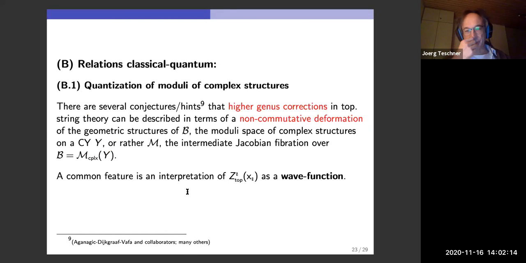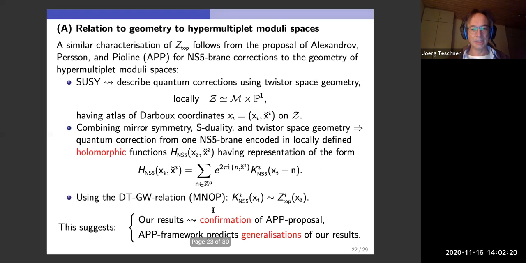Now this is what I want to at least say a little bit about, namely that this has an interpretation as a classical-quantum relation. Here we see a classical moduli space related by this transform to a quantized moduli space, and this is really what happens to the topological string.